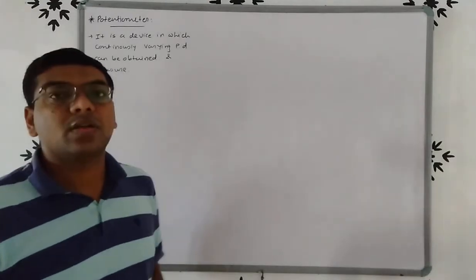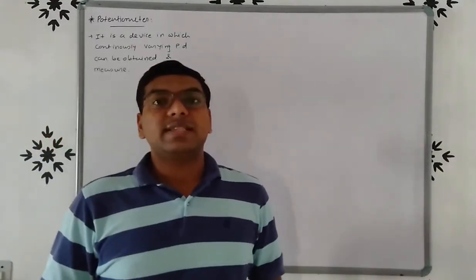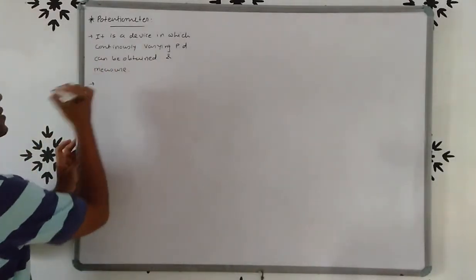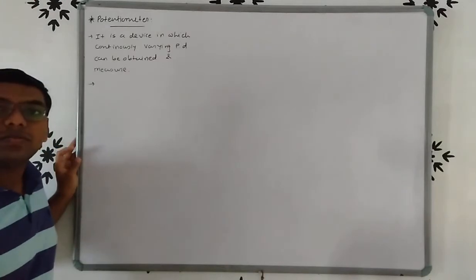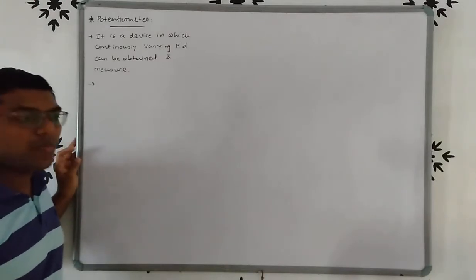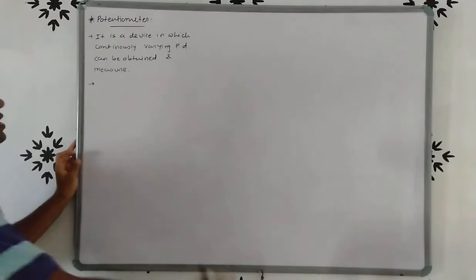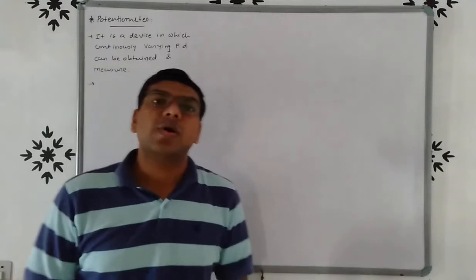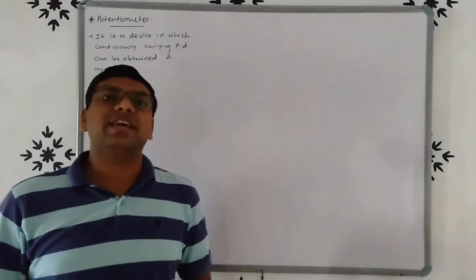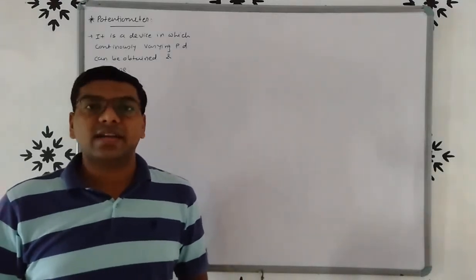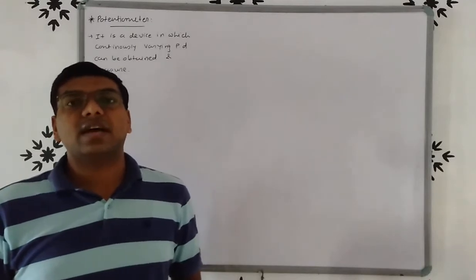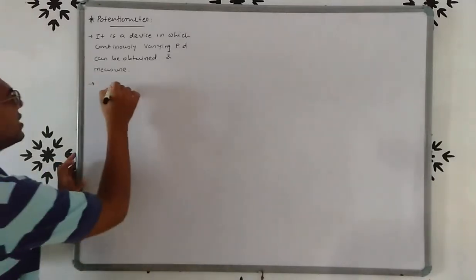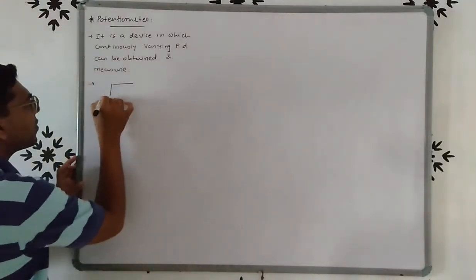Now, what is the construction, or we can say the circuit, of the potentiometer? There is a wire which is connected to a battery having internal resistance r, a switch, and RB, that is resistor bank.